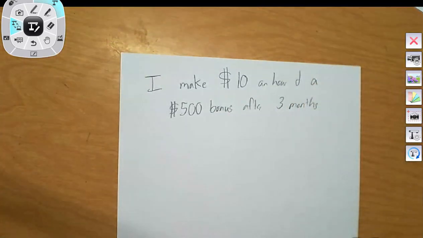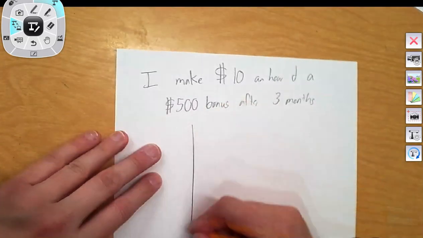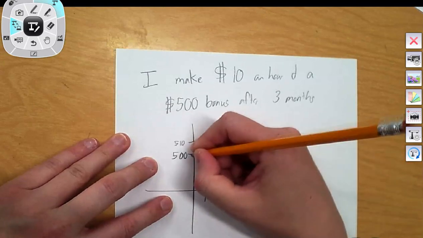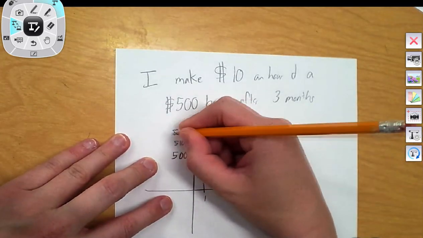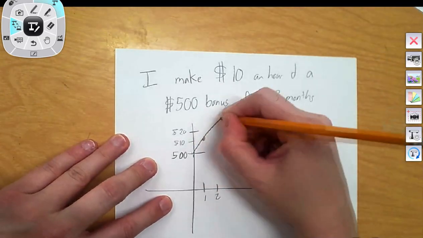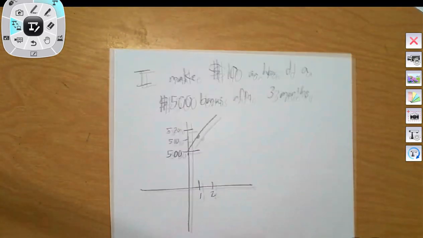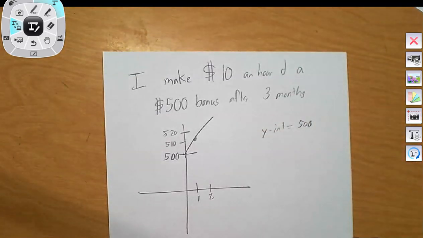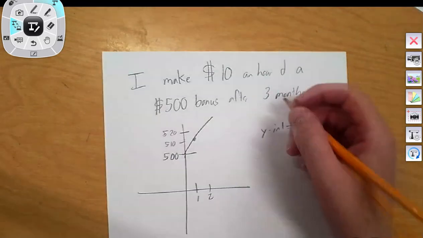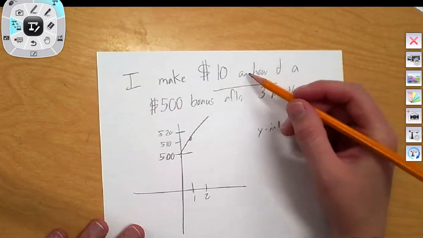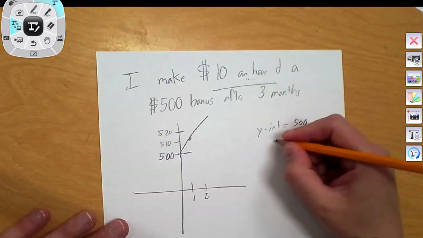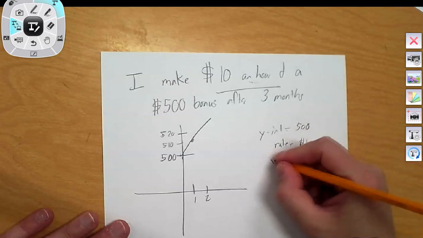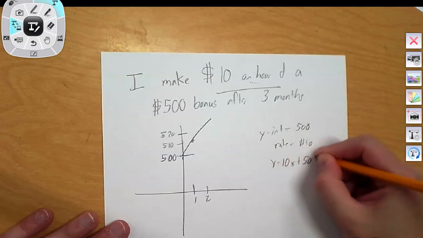So to graph that, I'm going to start at 500, and then I'm going up $10 every hour. 520, first 2 hours, so there's my graph. Okay, the y-intercept is 500. That's kind of where I'm starting at. The rate of change is how much an hour, per week, per each. Look for each or per in that. So my rate of change is the $10. My equation, y equals 10x plus 500.